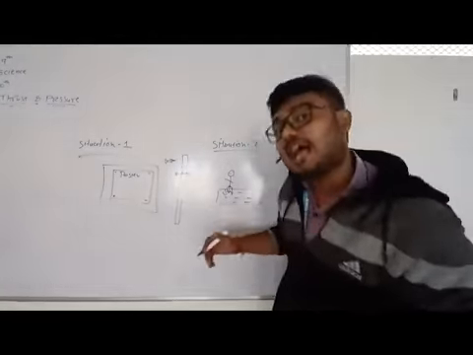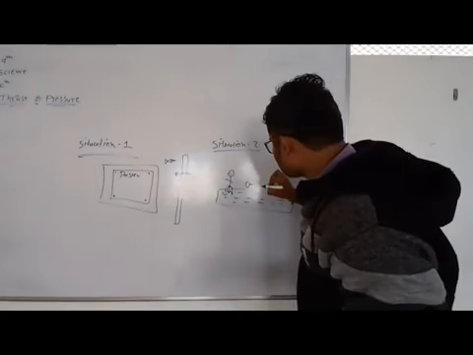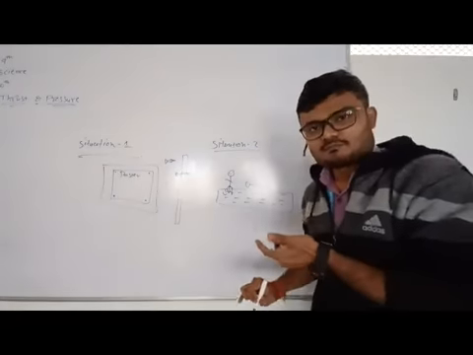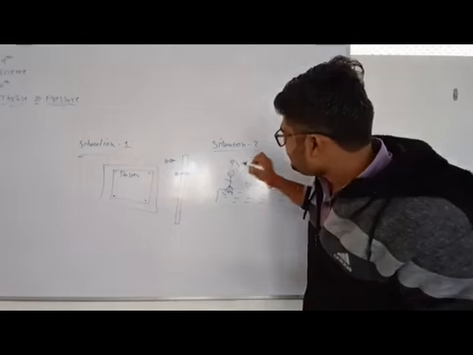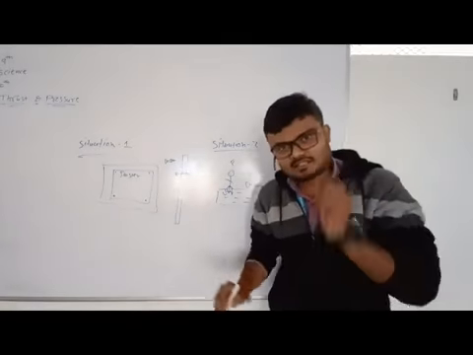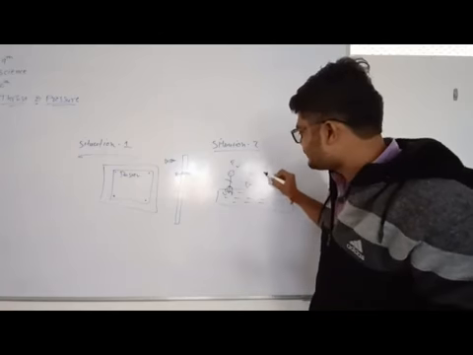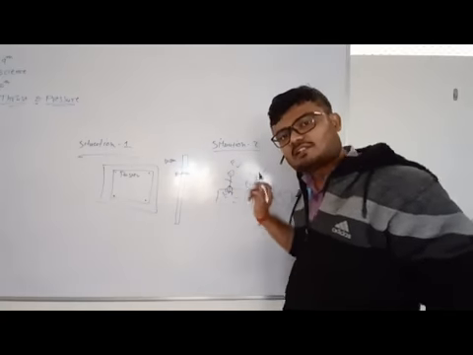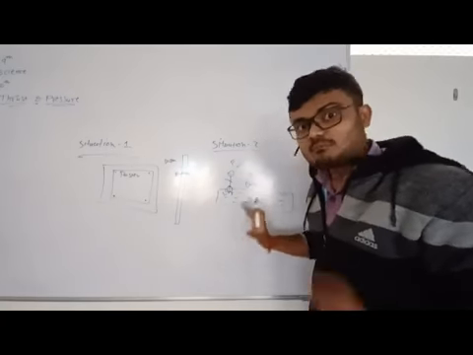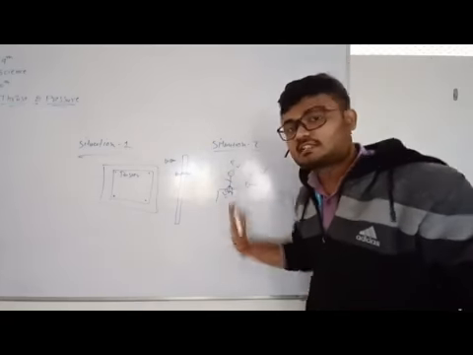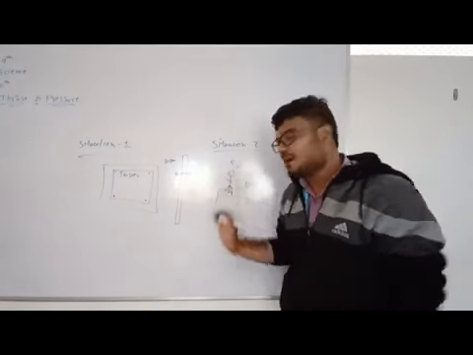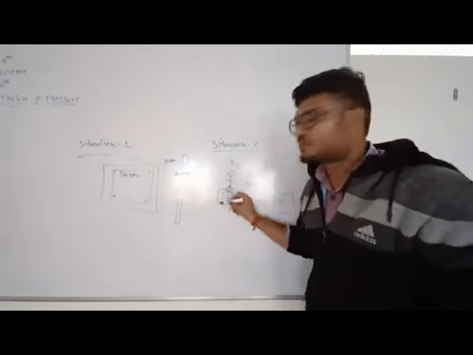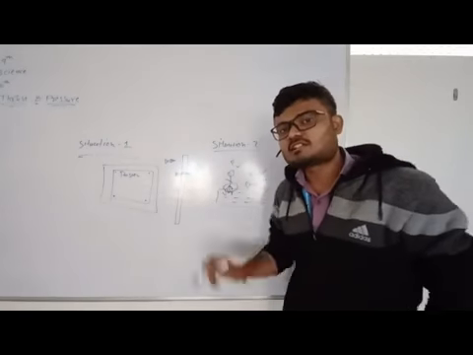Now consider a person lying down. The force applied by the weight of the same person is the same in both cases. But because he is standing, the force is applied vertically downwards on a small area, which is his feet.